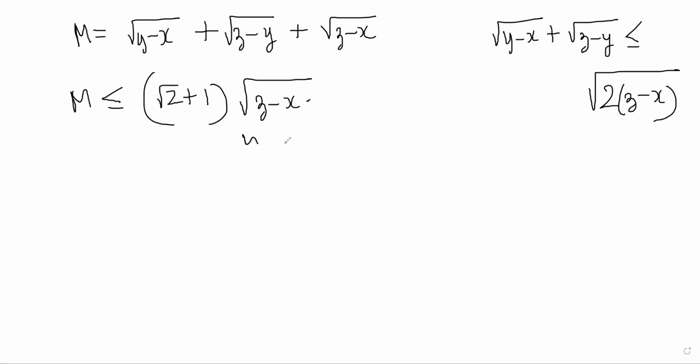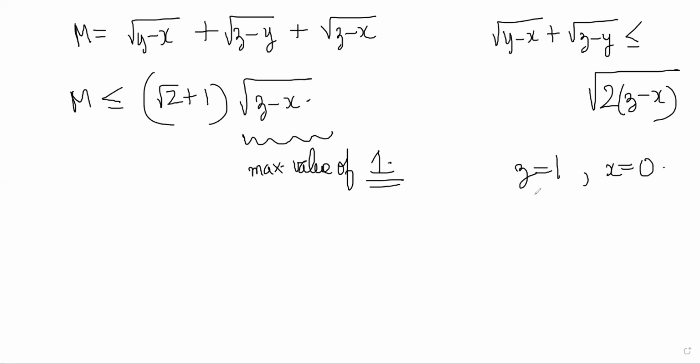Now, what is the maximum value of this? Maximum value of this is 1, right? Because z can be 1, x can be 0, and y can be half, right? If y is half, both are half, which is equal to root over 2 times 1, right? Correct.